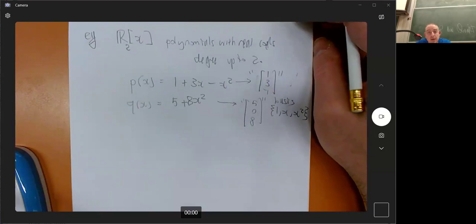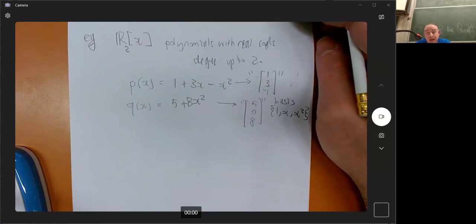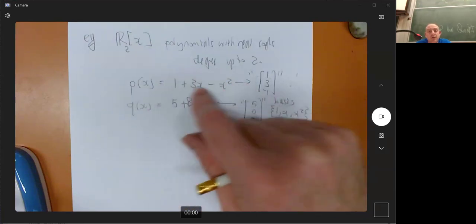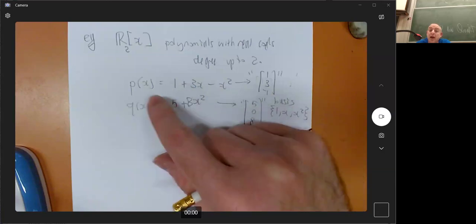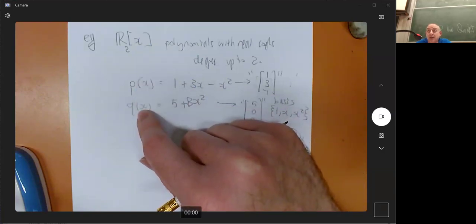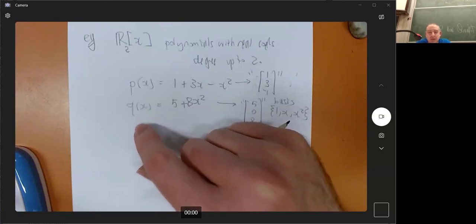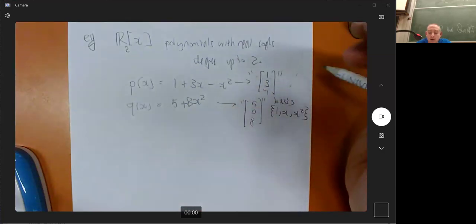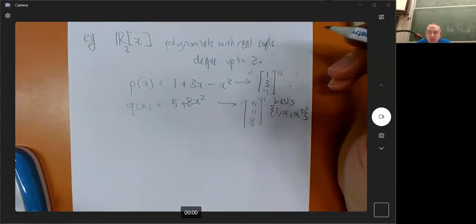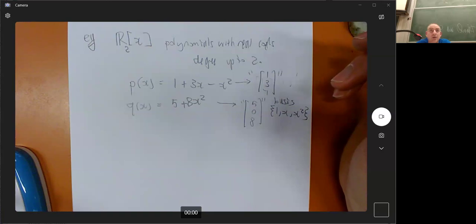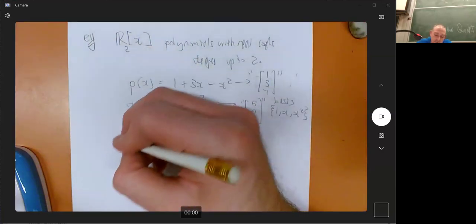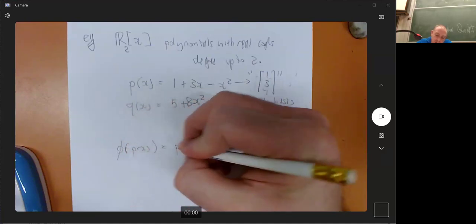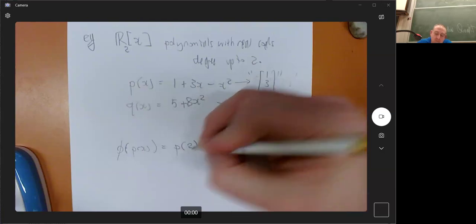Cool. So linear functionals are anything that will turn this into a single number in such a way that if I add these together first and then do the function, I get the same answer as if I did the function and then added them. One of the classic linear functionals is the one where you sub in a specific number. So I can have phi of p of x is p of, say, 2.